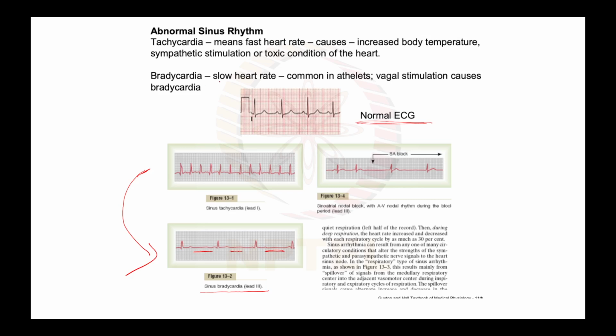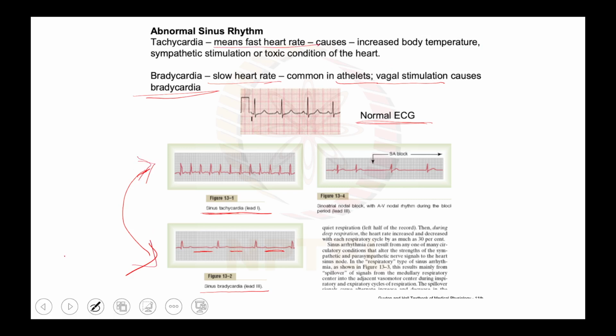Bradycardia is a slow heart rate, which is common in athletes. Vagal stimulus causes bradycardia. And then you have tachycardia. This is sinus tachycardia. Tachycardia means a faster heart rate, which is caused by increased body temperature, sympathetic stimulation, or a toxic condition of the heart.